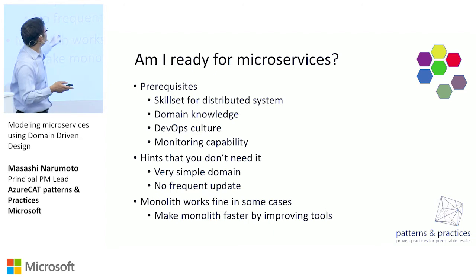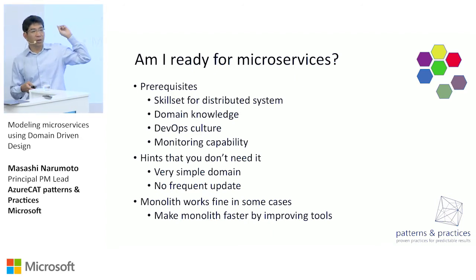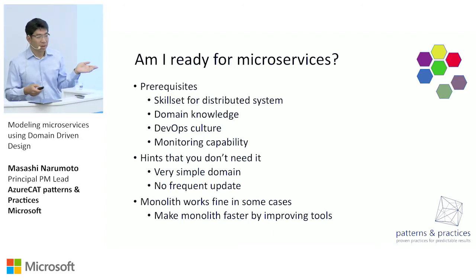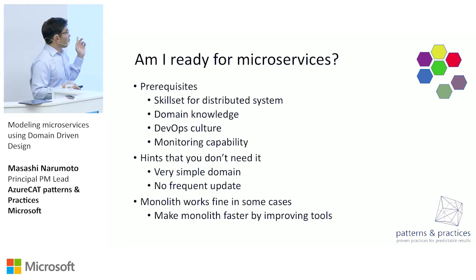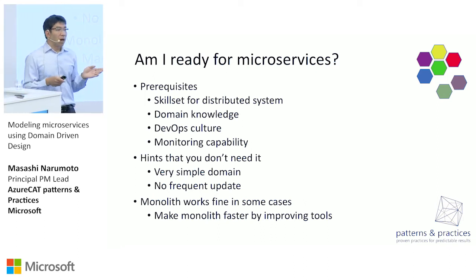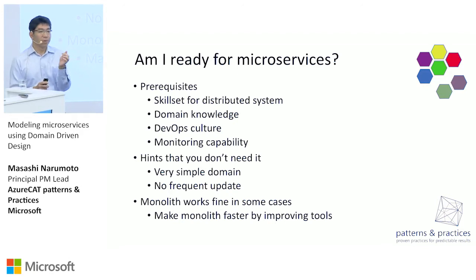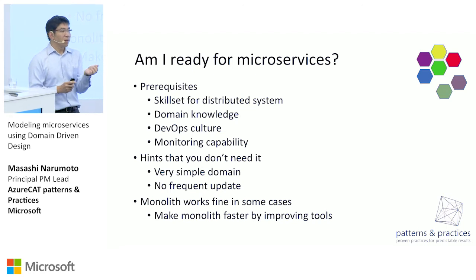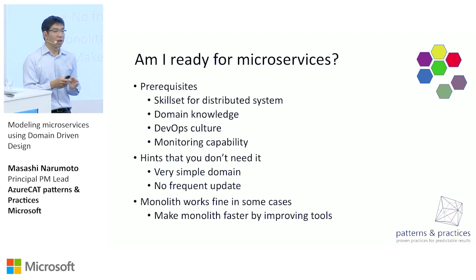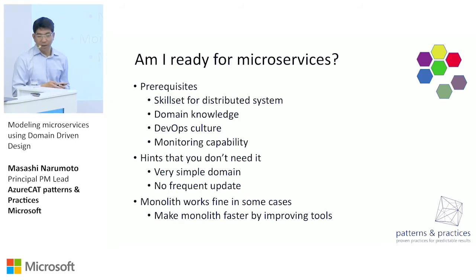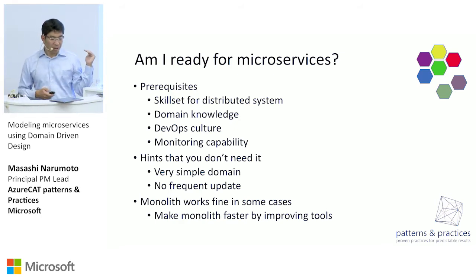So you need to have a DevOps culture in your team, including monitoring capabilities. Because now with 30, 40, 50 services running, if something goes bad, how can you troubleshoot? How can you identify which one causes that issue without sophisticated monitoring capabilities? So those are kind of prerequisites.